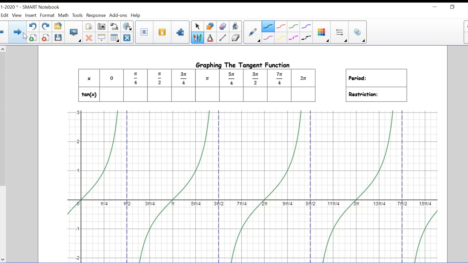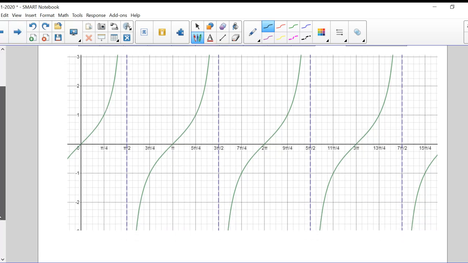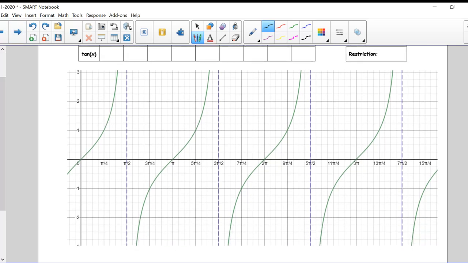Okay, let's get to this one. Again, you're not graphing this yourself. I'm just going to show you the graph so you know what it looks like. And I was just talking about the fact that this graph has some vertical asymptotes. Why is that? Well, there's a good reason. Sine divided by cosine is what tangent is.